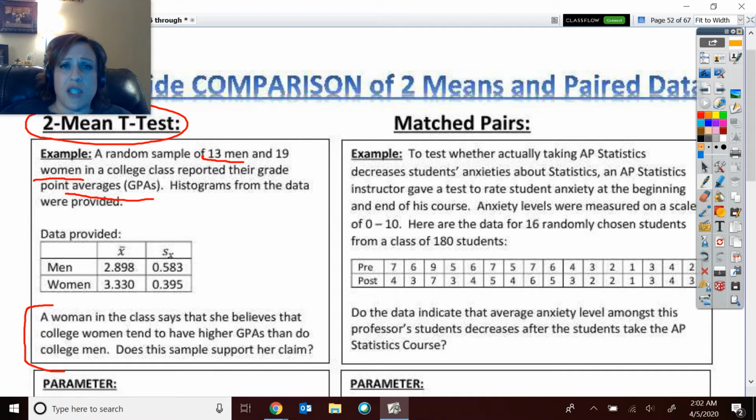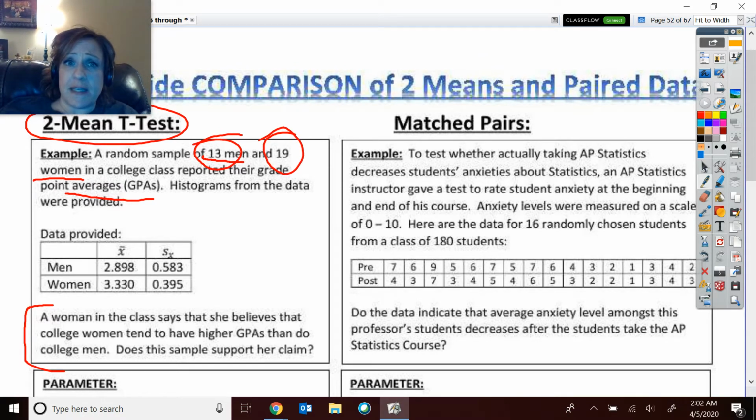So this is a problem. Two separate sets of subjects, two independent means. In fact, there's not even the same amount of subjects in each one of these sets of data. The information that we were provided with, we were given dot plots or histograms of each one of them.